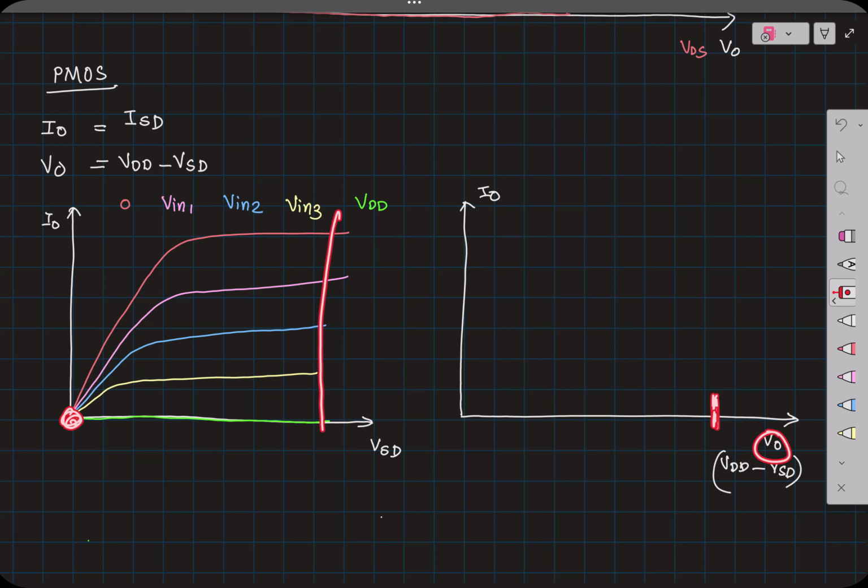Similarly, when your VSD is equal to VDD, VDD minus VDD corresponds to V naught equal to 0. So in effect, I need to rotate it, and your curves are going to now look like the following. So you will have this, let's say this is your VDD.